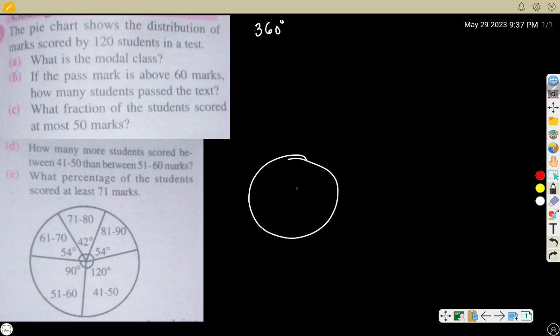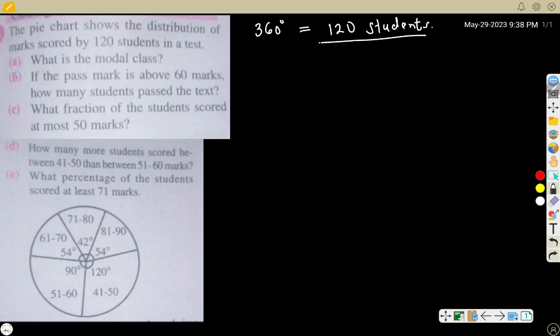So one complete circle is 360 degrees, and that will be equivalent to 120 students. So 360 degrees is equivalent to 120 students.